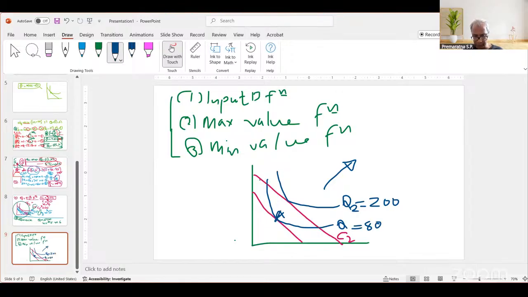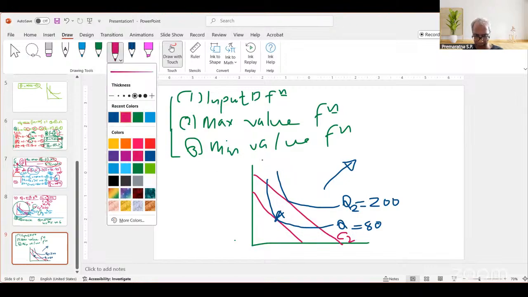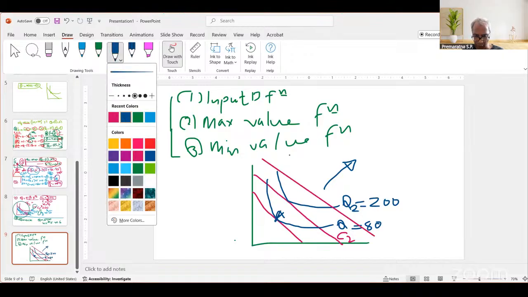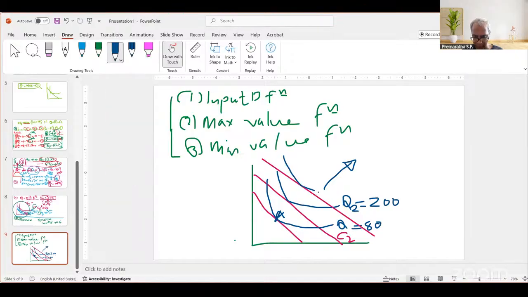Like that. If you want to further expand the firm, which means increasing the budget, output also definitely should increase. Q3, let's say 300.